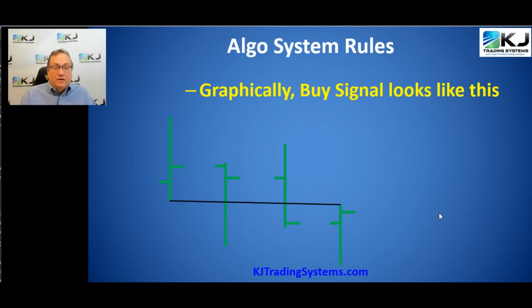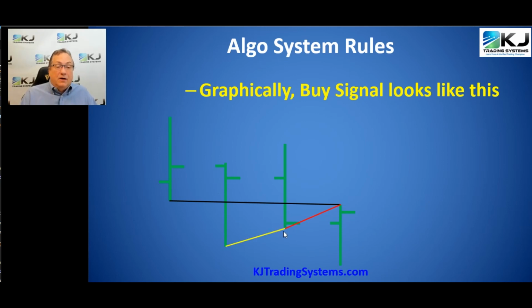So first off, you're looking for the low of 3 bars ago to be greater than the high of the current bar. Okay, that's the first one. And you're looking for the low of the previous bar to be below the high of the current bar.